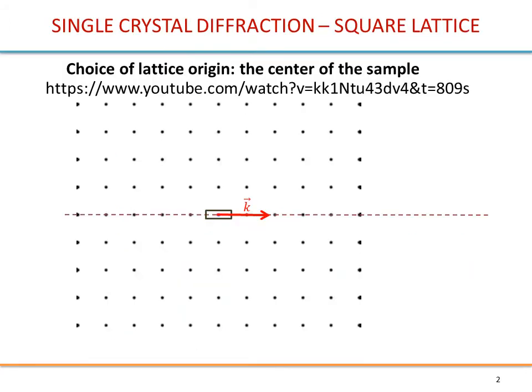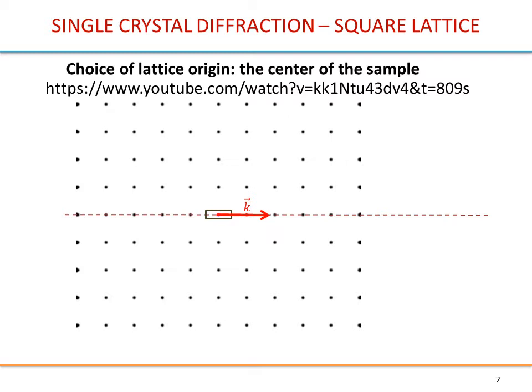This was how I explained it in the first video. It's about the choice of lattice origin. In this case, it is the center of the sample. Let's say this is the sample, and we have the center of the direct lattice at the center of the sample, which makes sense because the lattice is in the sample.